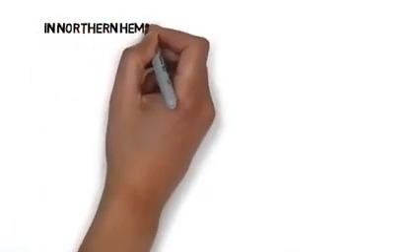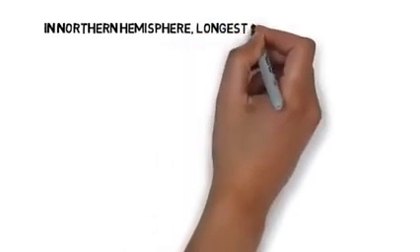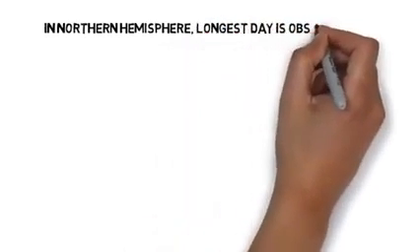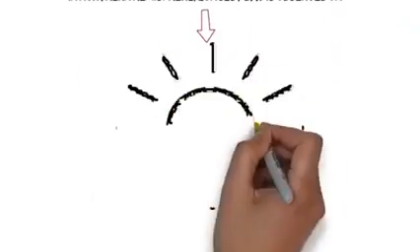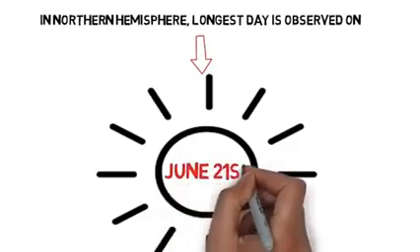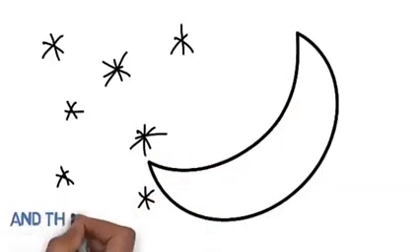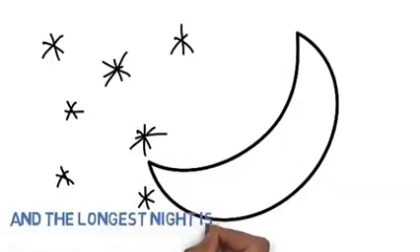In Northern Hemisphere, the longest day is observed on June 21st. And the longest night is observed on December 21st.